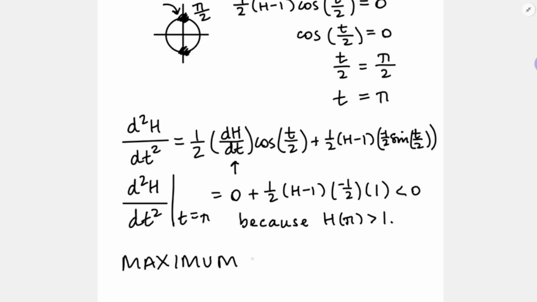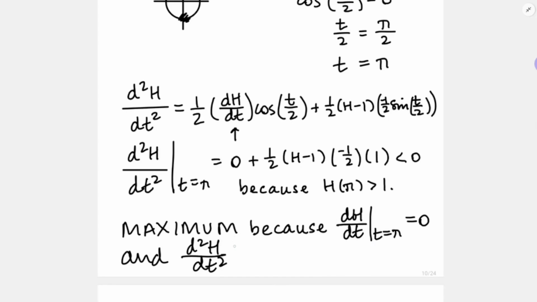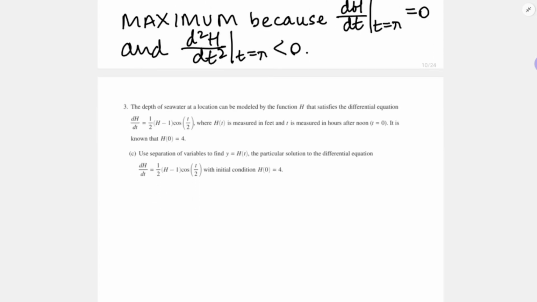But if I just want to have the best possible answer, that would be because dh/dt at t equals pi is equal to 0, and also the second derivative of h with respect to t at t equals pi is negative.